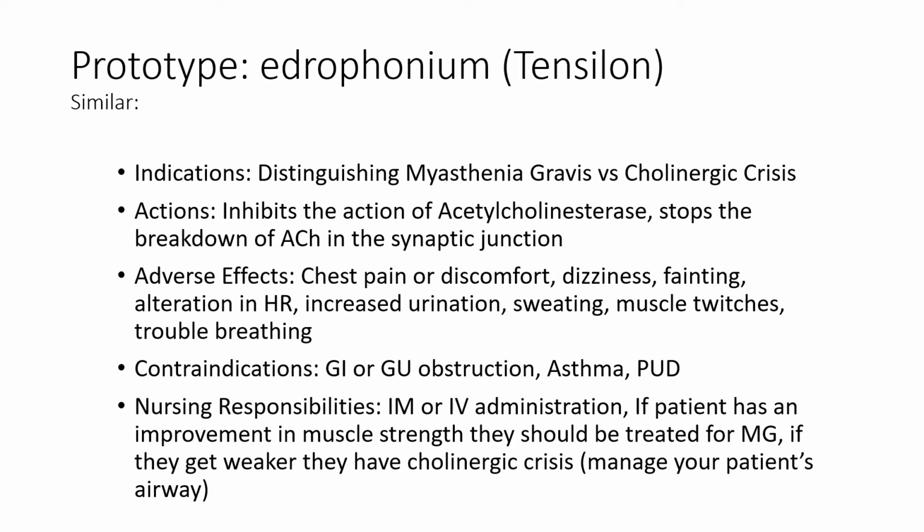Just an aside here, for myasthenia gravis, we now have antibodies to diagnose this condition. So we don't really use the edrophonium test very much anymore. In fact, if someone came in to the emergency room and we thought they had myasthenia gravis, one of the tests we can do is actually just put ice packs on their eyes. What the ice does is it allows the neuromuscular junction for a very brief period of time to work much better.